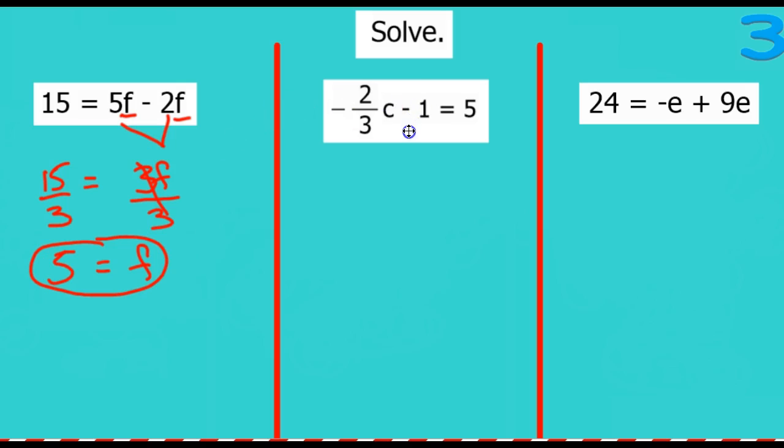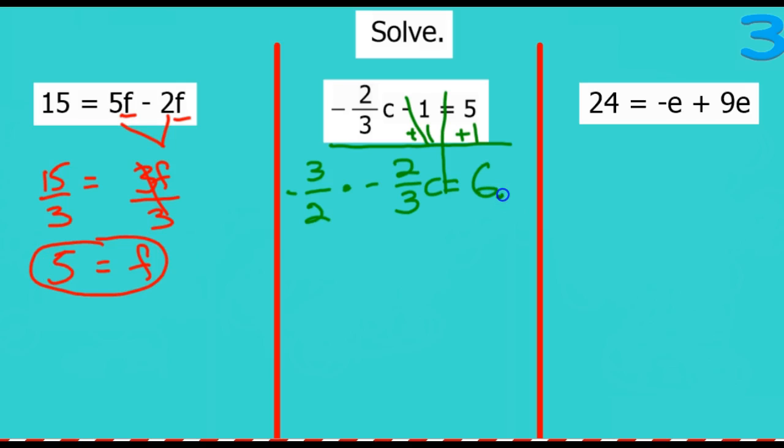Over here I see a minus 1, so I'm going to add 1 to both sides. Negative 2 over 3c equals 5 plus 1, which is 6. Now I have a fraction. I'm going to do the reciprocal, so it's going to be a negative 3 over 2.